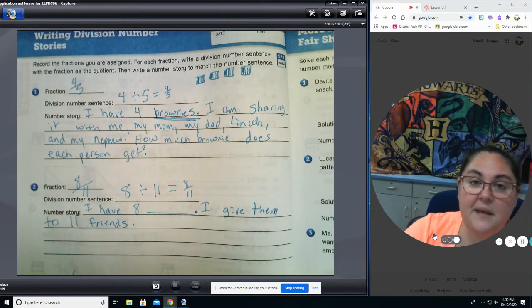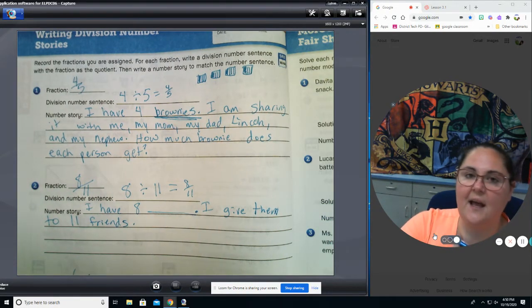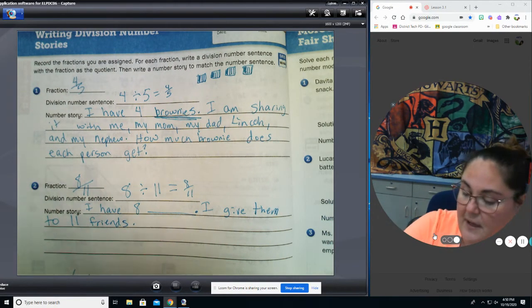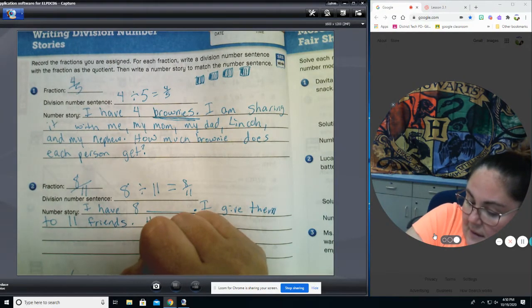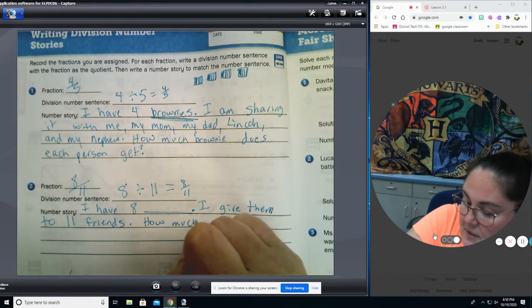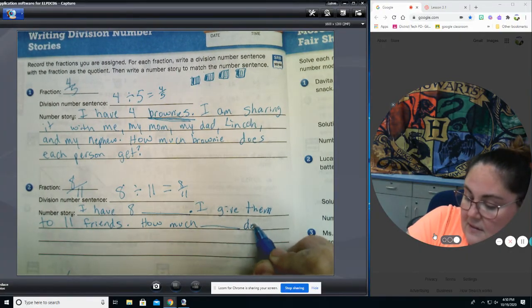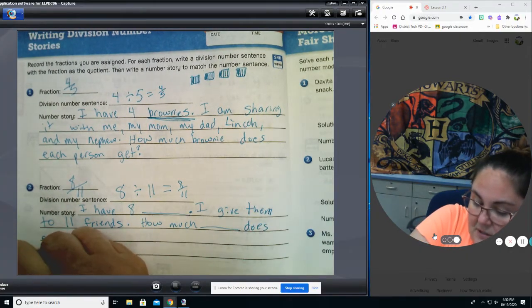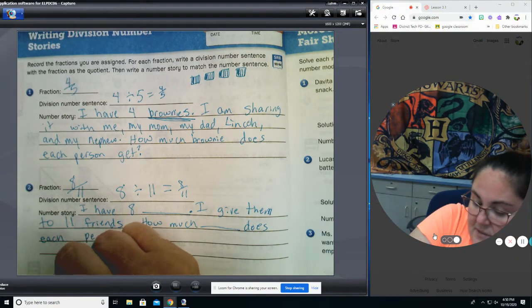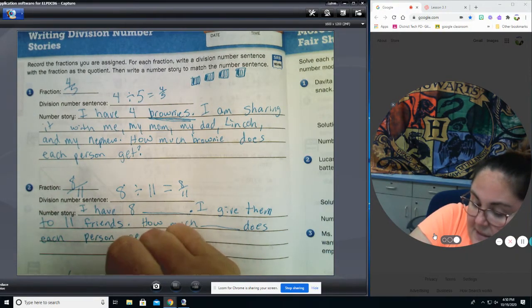Done. I'm giving them away. I didn't say I had them. I said I gave them to 11 friends. How much blank, so I have to figure out what that was again, does each person get?